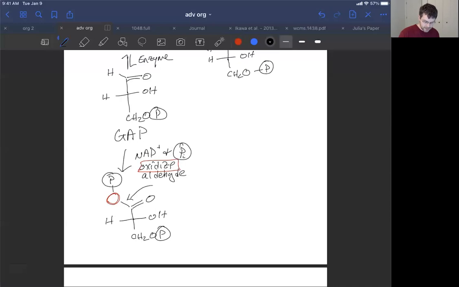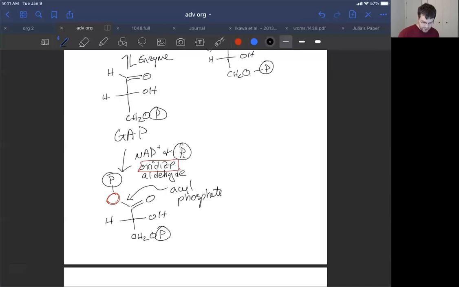And so what that tells us is that right here, we've got an acyl phosphate, which is indeed unusual, especially with all of these nucleophilic positions around. And indeed, it does not last long.